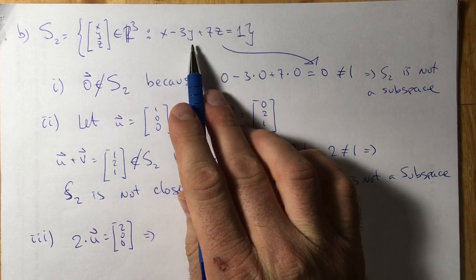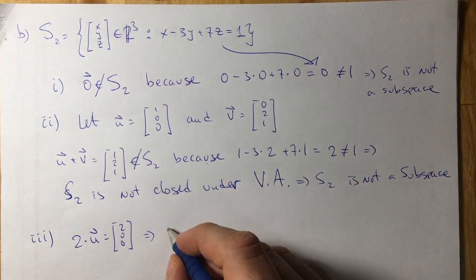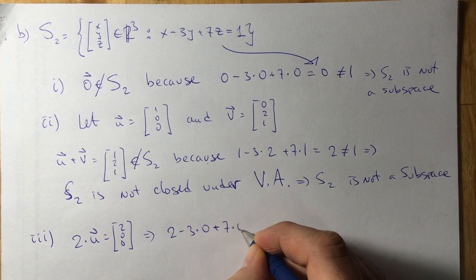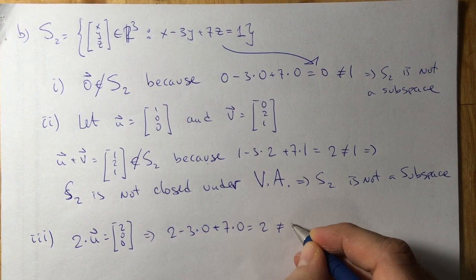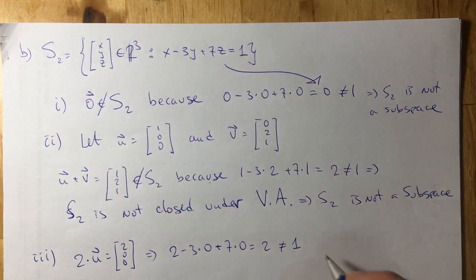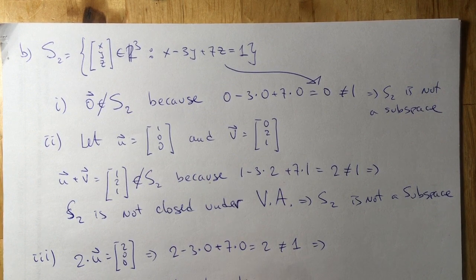And now we determine whether this condition is satisfied. 2 minus 3 times 0 plus 7 times 0 is equal to 2, which is not equal to 1, as the condition states, which implies that S2 is not closed under scalar multiplication, and implies the same thing, S2 is not a subspace.